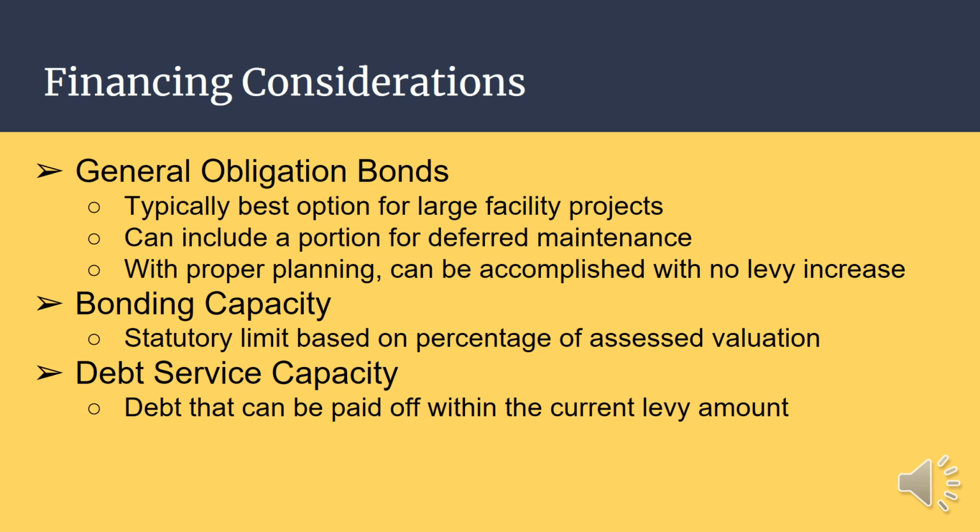And then the other contributing factor is what can be paid for from an annual perspective through our debt service levy. So the interplay of both what we can borrow and what we can pay for with our current levy is included in this analysis. And I will also mention that we could include, besides just new construction, maintenance projects or renovations in such bond issues.